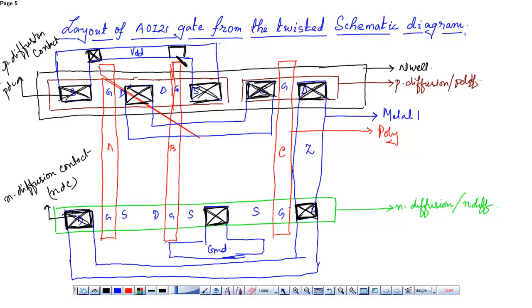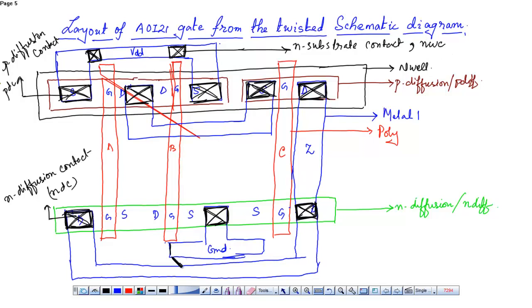You can place as many as you want. This is the N substrate. On the side where there is P diffusion, we have to place the N substrate contact, and while writing the commands you have to write it as NWC, that is N well contact.